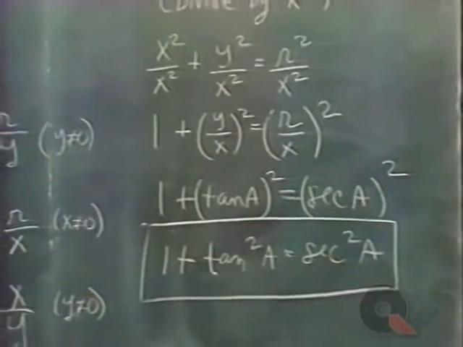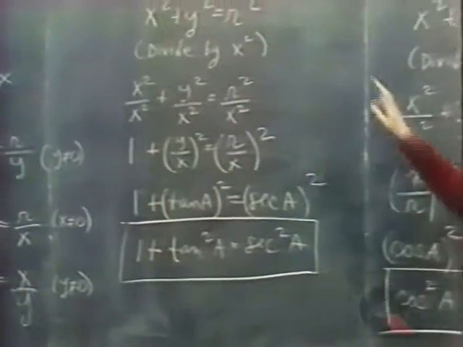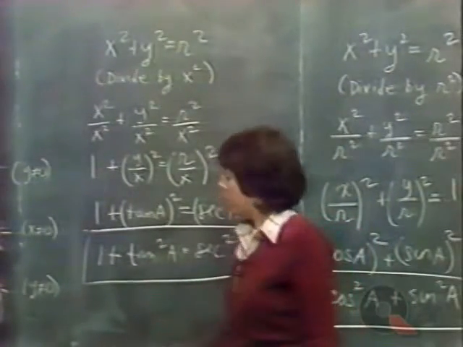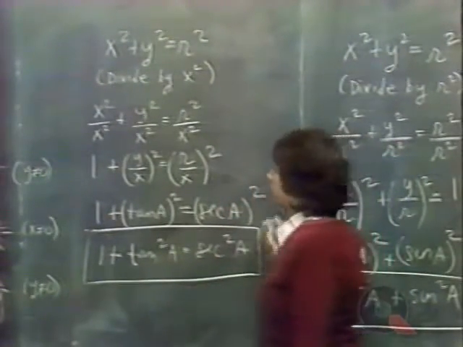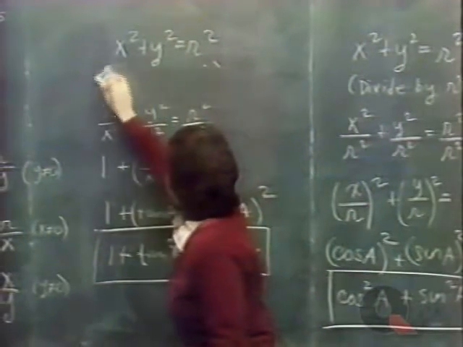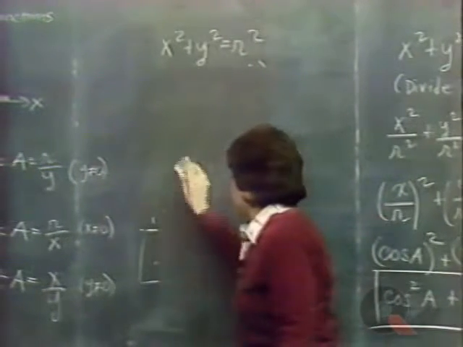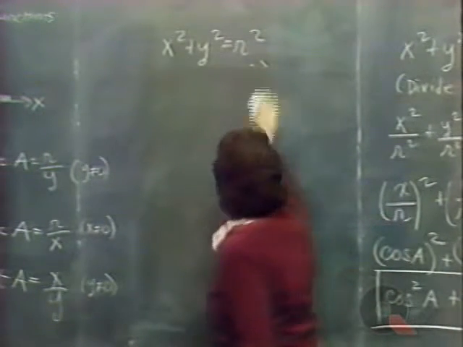And finally, by going through this formula that we have over here and dividing through this time by y squared, we will get a third Pythagorean identity. Let's try that. This time we're going to do the same thing.